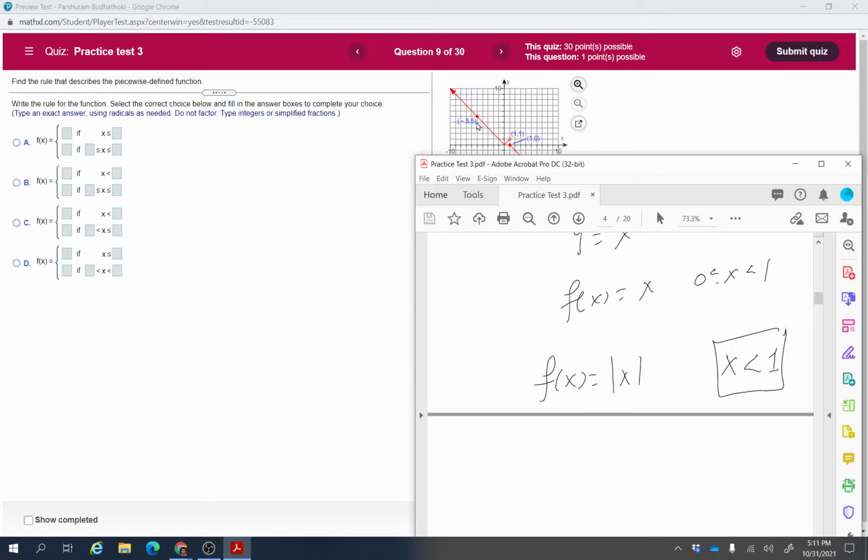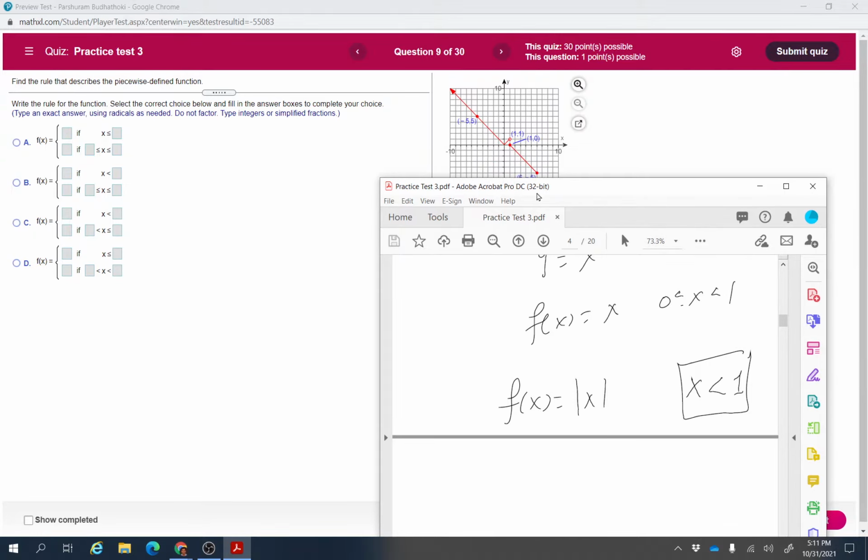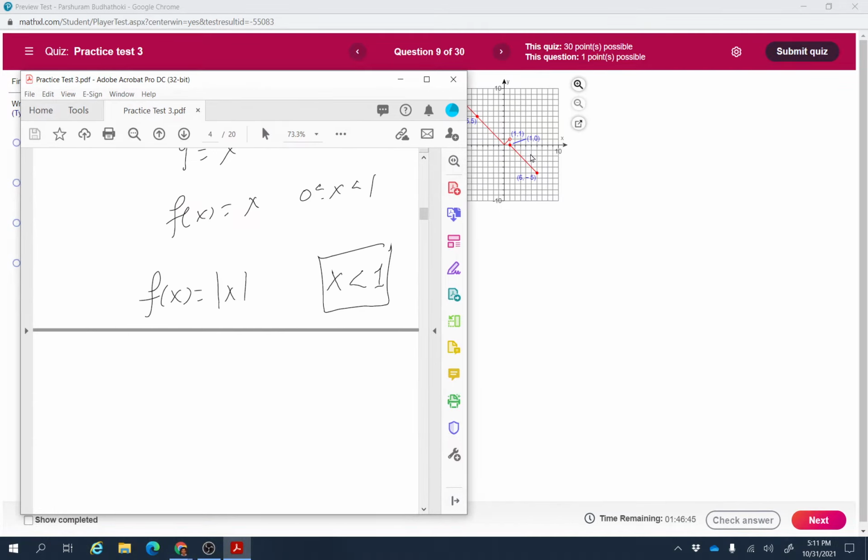So for the first line, the left hand side, and this tiny line, this is actually absolute value of x. And to the right side of 1, as you can see here, we have this graph, which at 1 the value is 0, and at 6 the value is -5.